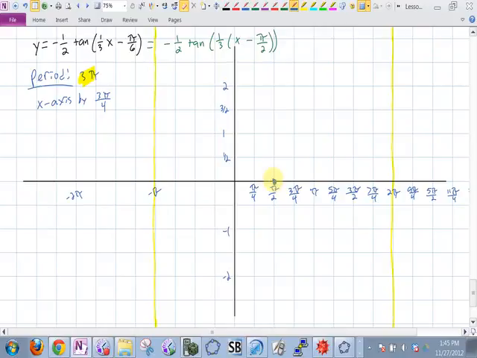Okay? Your parent function usually has a point at pi fourths, comma 1. We squash that by 2, reflect it in the x-axis, horizontally stretch it by 3, and then shift it to the right pi half. So you should end up with a point at 5 pi fourths, comma negative 1/2. And is it guaranteed to end up halfway between the asymptote and the point of inflection? Yeah. So I'm guessing, based on the pattern I'm noticing here, there's going to be a point. Come on, pen.